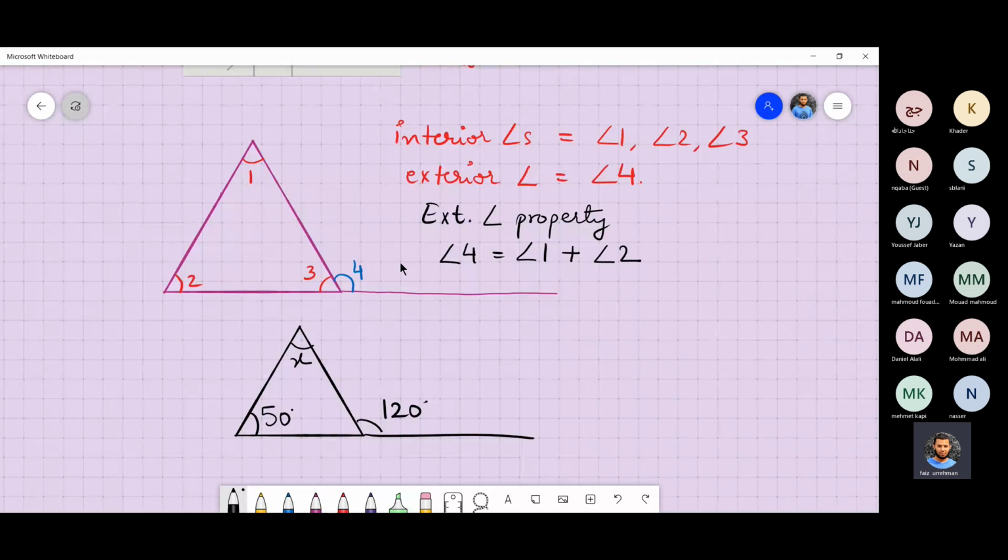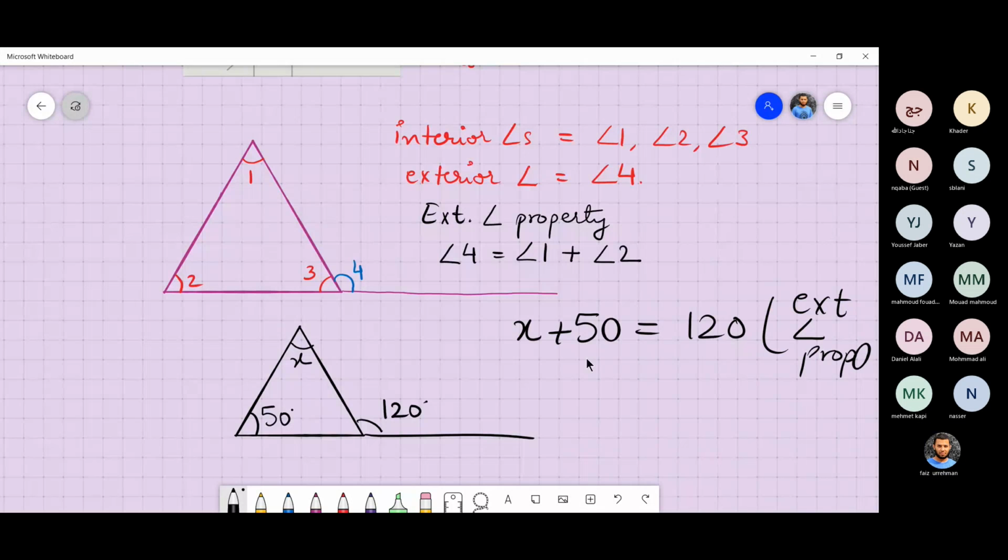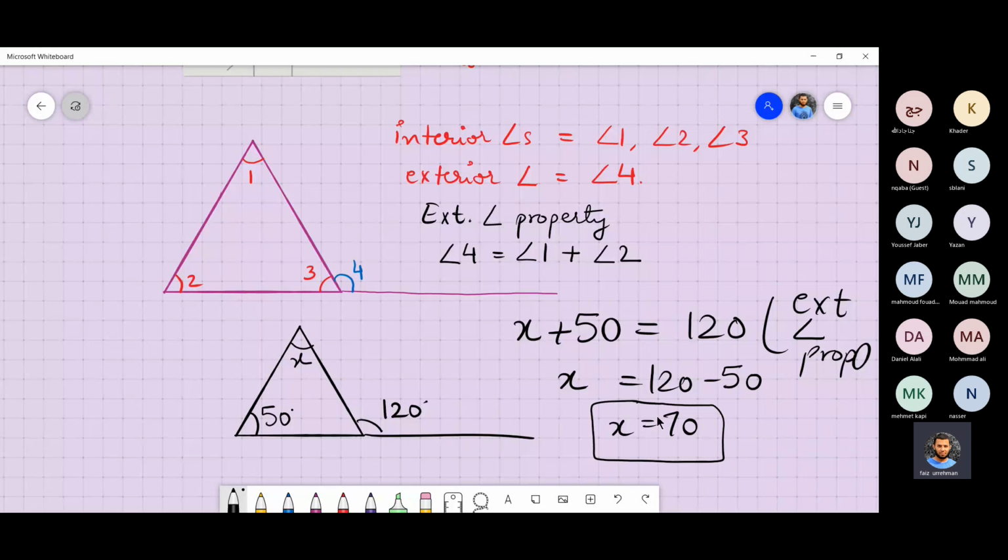From the exterior angle property, x plus 50 should give me 120. So x will be how much? 70. So x will be 70 degrees.